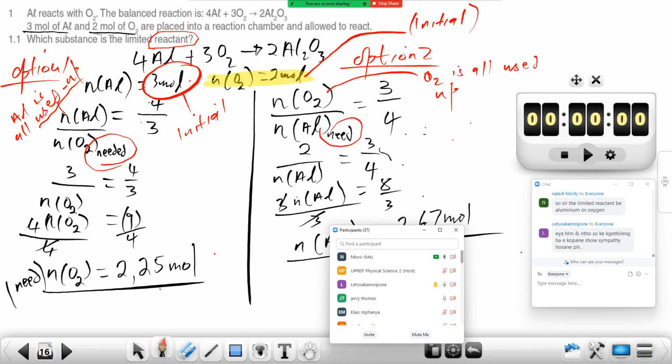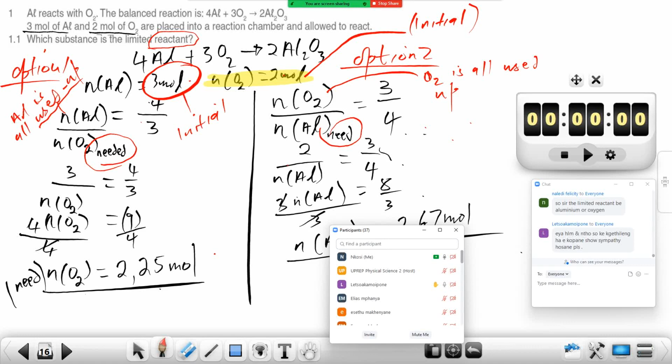Sir, I was trying to ask you that don't we use like the coefficients or the mole ratio? The coefficient is the mole ratio. Hence I used 4 and 3. But then, sir, didn't you use them to calculate the moles? No, I used them to link the number of moles that I have with the molar ratio.